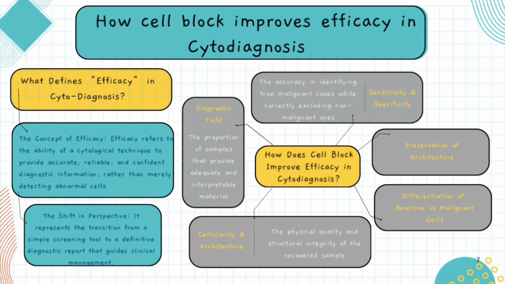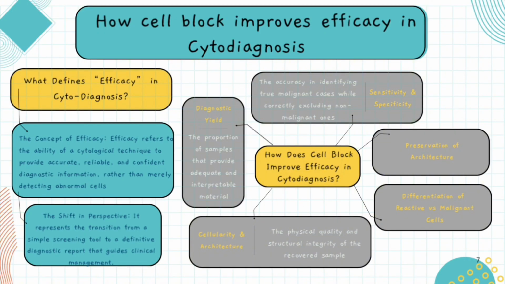Efficacy in cytodiagnosis is commonly evaluated through several parameters, including preservation of architecture and differentiation of reactive versus malignant cells, as well as diagnostic yield, which indicates whether the sample provides adequate and interpretable material, as well as sensitivity and specificity, which measure how accurately malignant cases are identified and non-malignant cases are excluded.